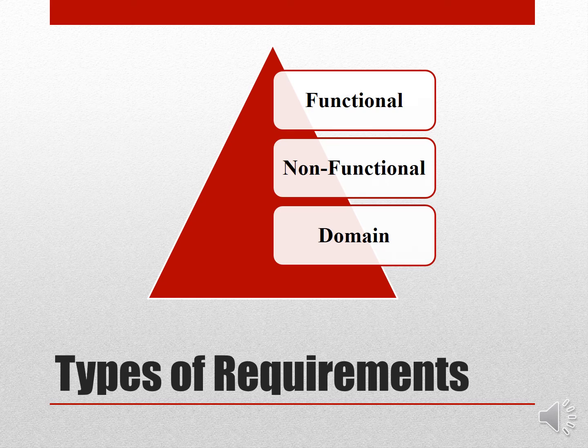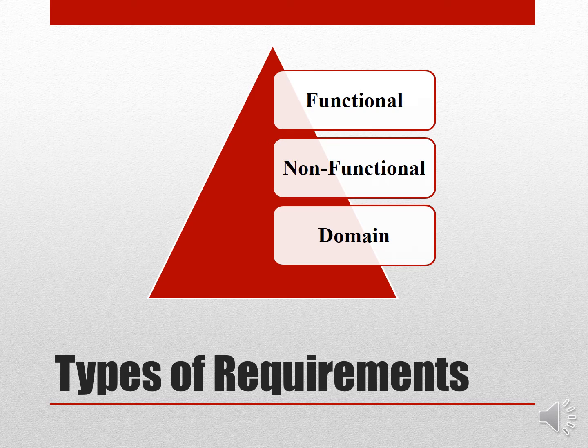The problems can be automating a part of a system, to correct the shortcomings of an existing system, to control a device, and so on. As we have already discussed, the IEEE definition of the requirement is a condition or a capability needed by a user to solve a problem or achieve an objective goal.